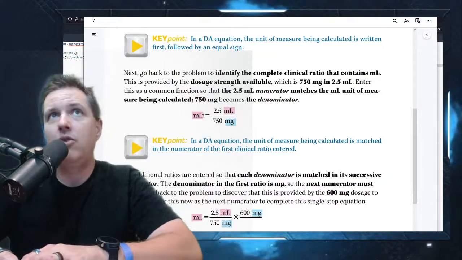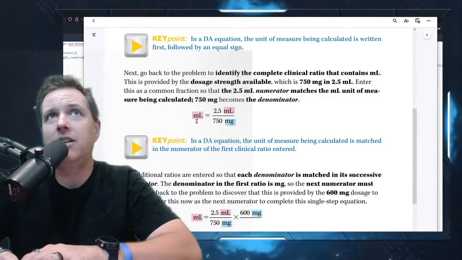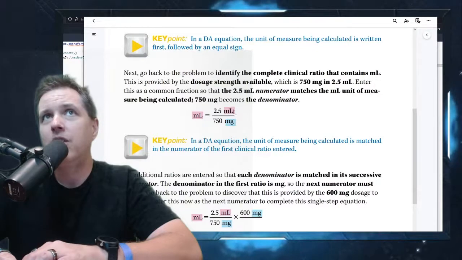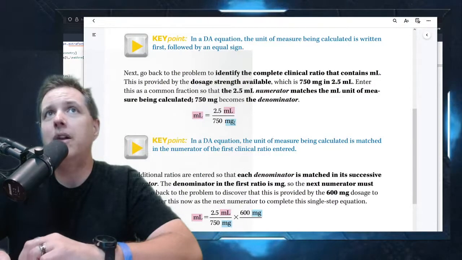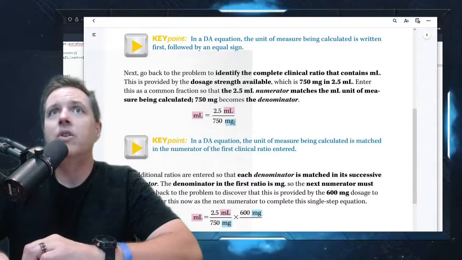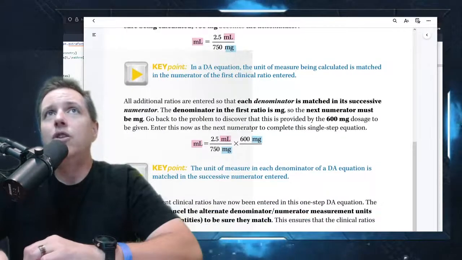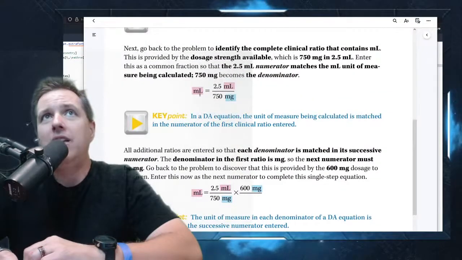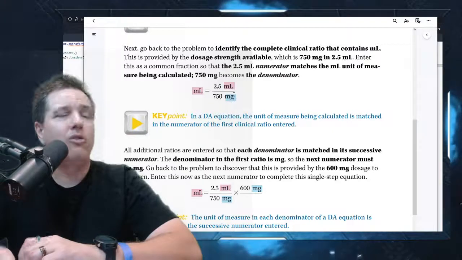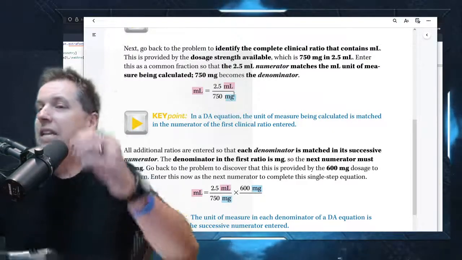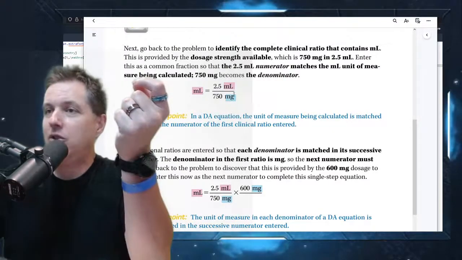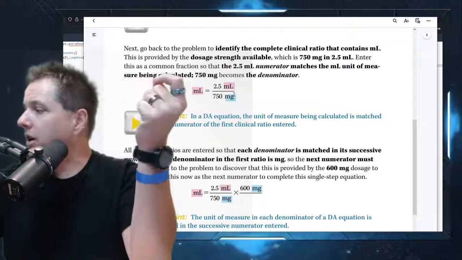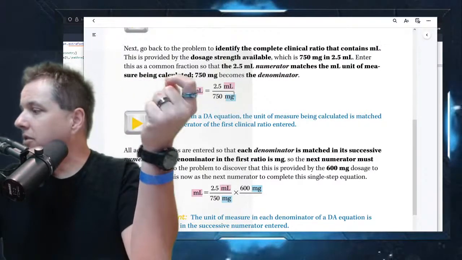The way we know is, see how they're getting the pink parts to line up? If you want this to be on the thing you're left with, it has to be on top over here. So that puts milligrams on the bottom. Now, what we ultimately want, we have milliliters here, but then next to it we have milliliters over milligrams. So what we need is for the milligrams to cancel away, and then what we will be left with is the milliliters.